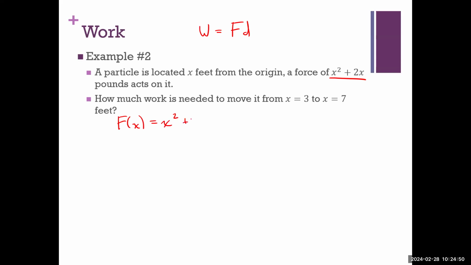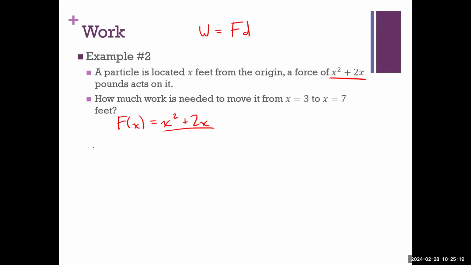Force is a function of my position, where I am. So can I just multiply this thing by 4? It's a variable force, right? So I have to know what the force is at every single place between 3 and 7.